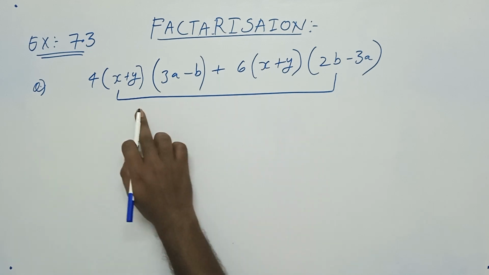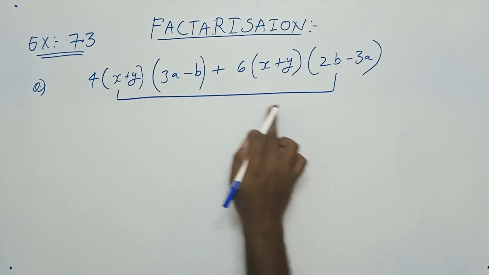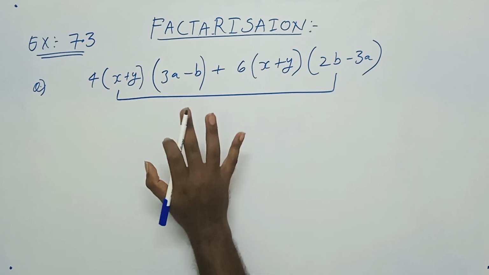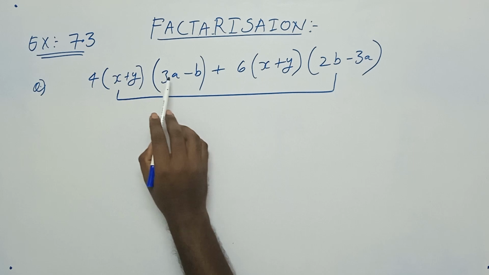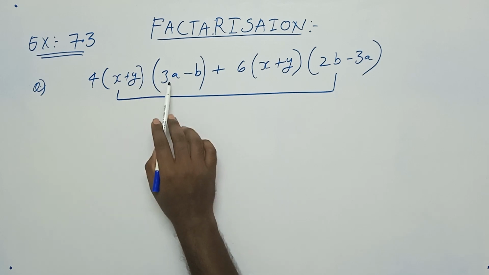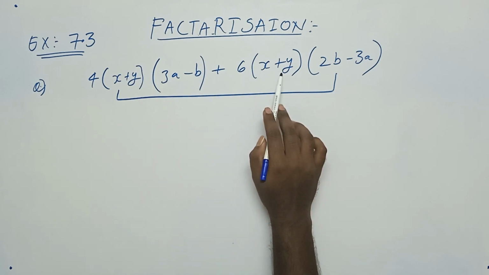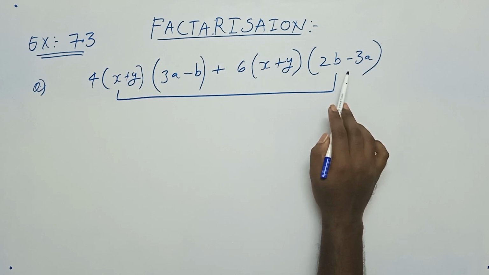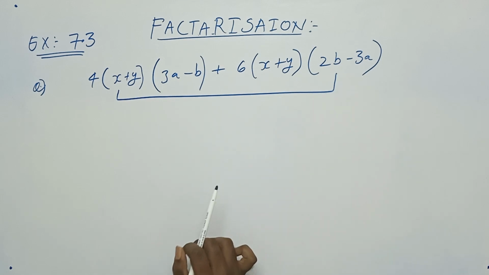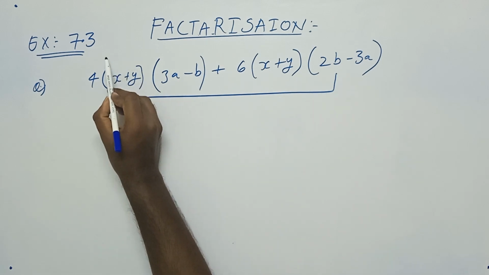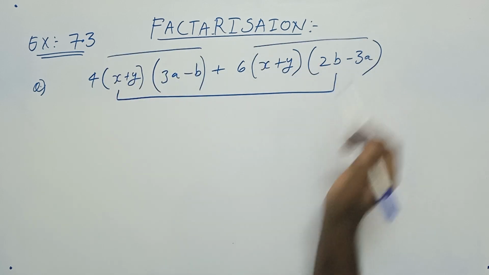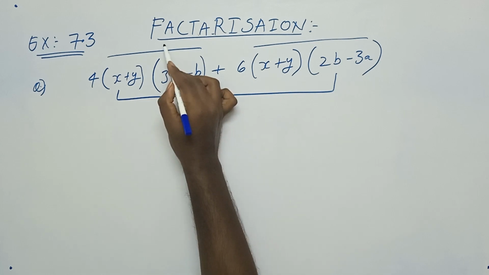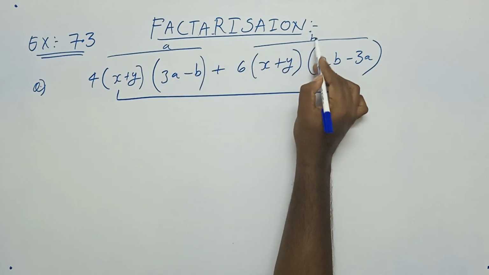In this expression, first we have to determine what the terms are. Here binomial terms are getting multiplied by binomial terms.